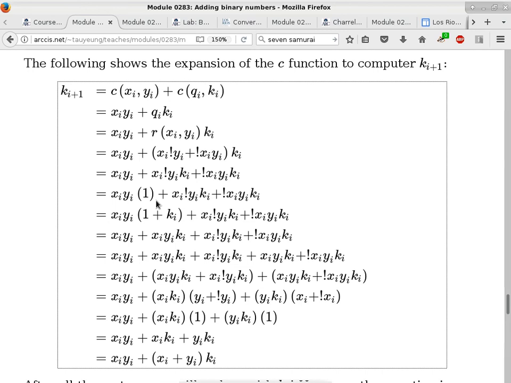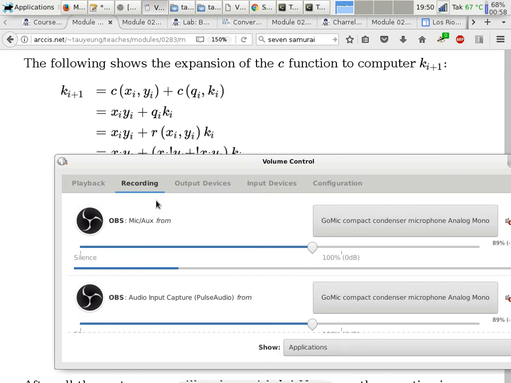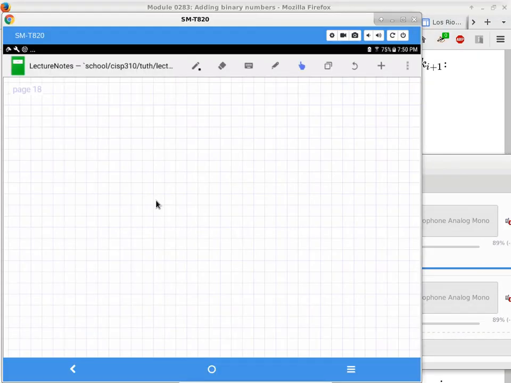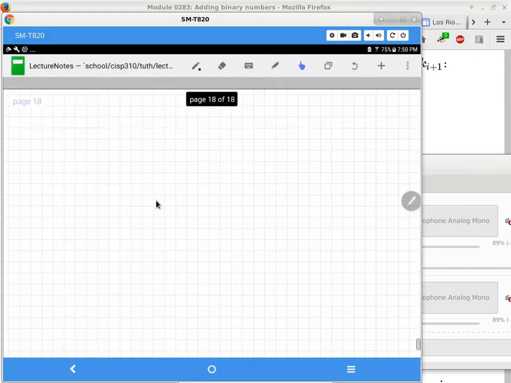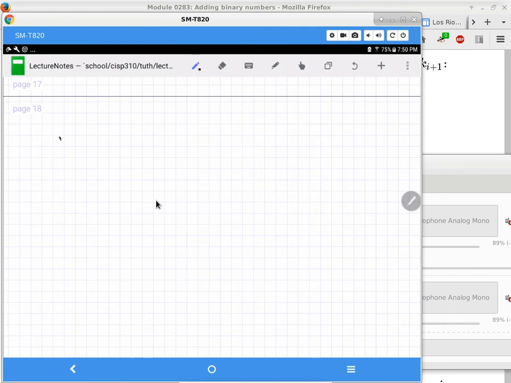Okay, so every time we encounter something like this, it's good to kind of double check and make sure that it makes sense. Okay, so we have x, y, and y here. Okay, 0, 0, 0, 1, 1, 0, 1, 1. 0, 0, 0, 1. So where's my proof that anything and true is true?